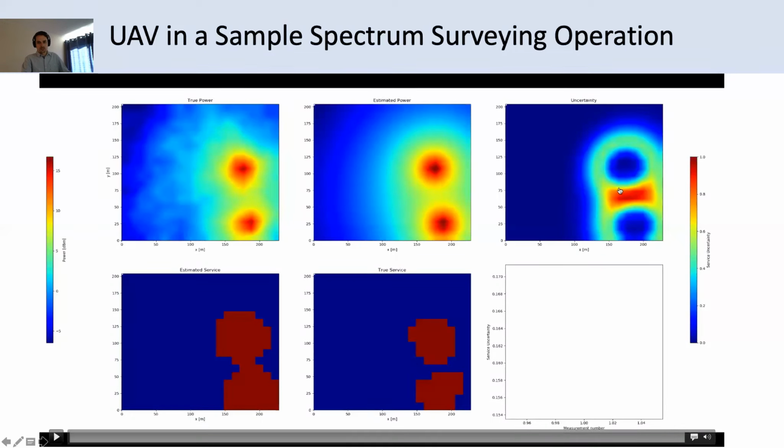This is the uncertainty, which, as expected, is low for points very far from the base stations, and also low for points very close to the base stations, because we know for sure that here we don't receive service, and here we do receive service. So this is not uncertain. So the uncertain regions are these rings here.